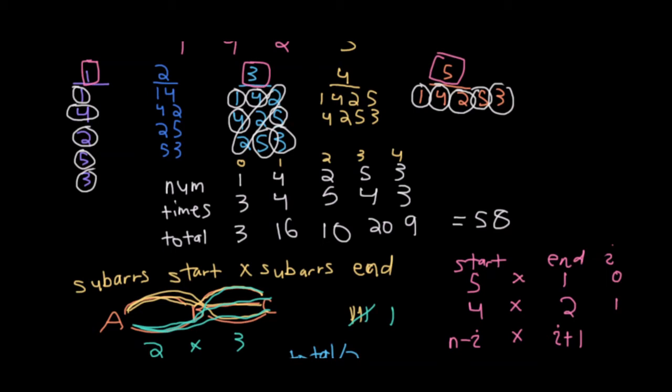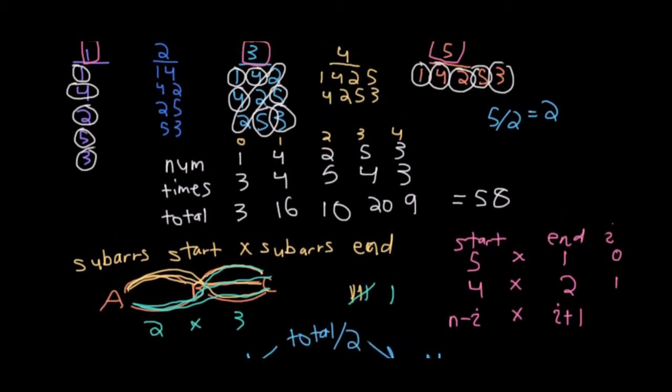The total number of subarrays it appeared in was 5. When we cut that in half, we get 2, rounding down. So that's how many even subarrays it appears in. If the number of subarrays it appears in is odd, then I have to add one more to take into consideration that extra odd subarray it appears in.